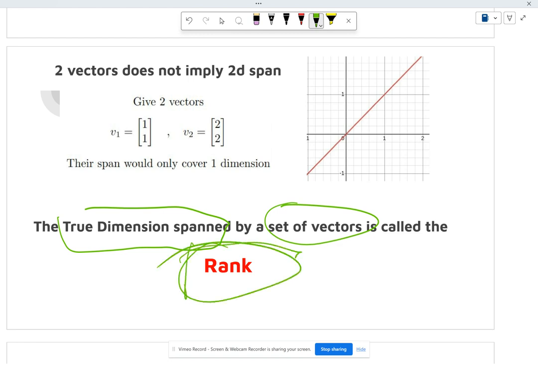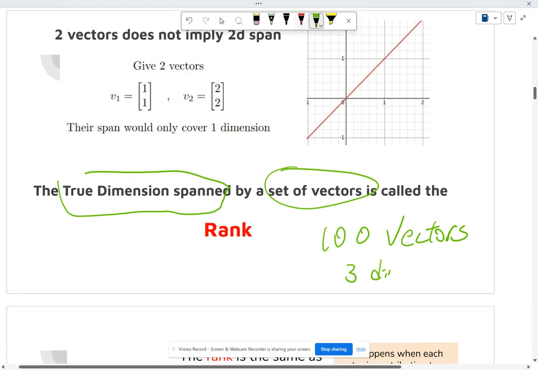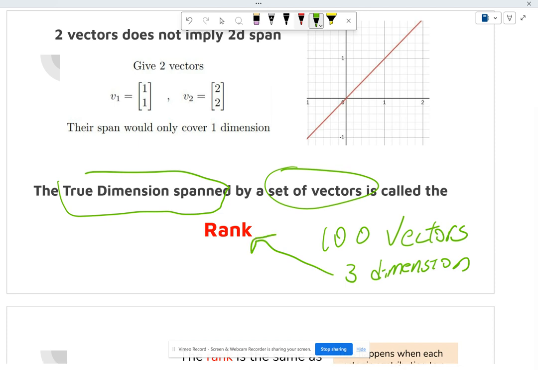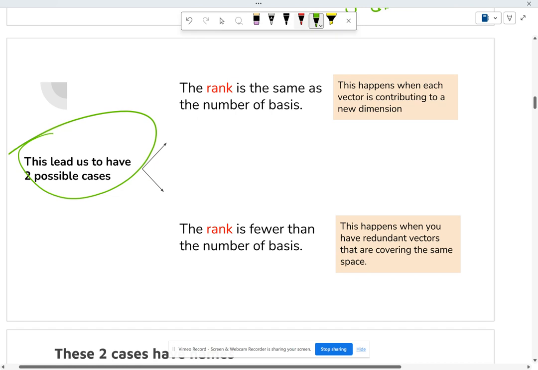Okay? So rank is really important because that tells you that out of maybe 100 vectors, it only spans maybe 3 dimensions, and this will be the rank. Now, this leads us to two possible cases. The first is when the rank is the same as the number of bases.